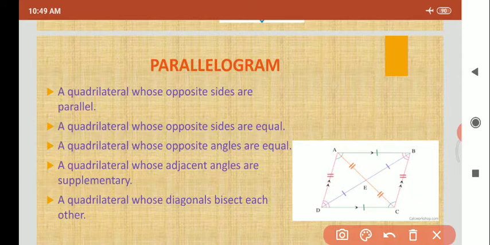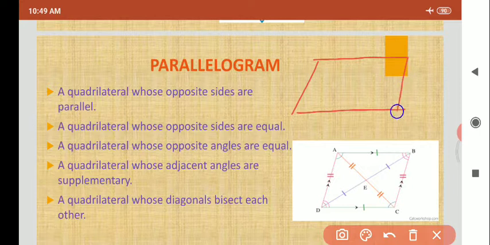A simple definition of a parallelogram is a quadrilateral whose opposite sides are equal and parallel. If in any quadrilateral you prove that opposite sides are equal and parallel, you can say that it is a parallelogram.